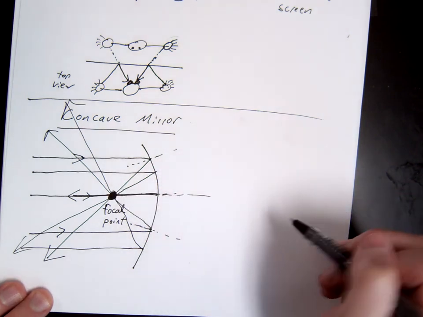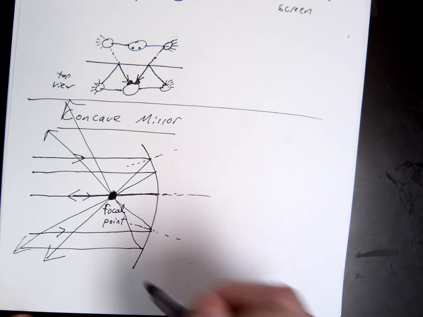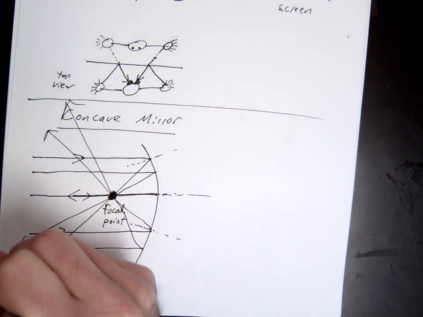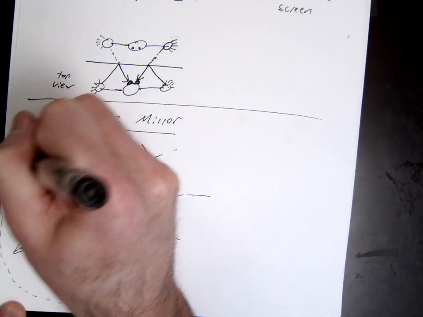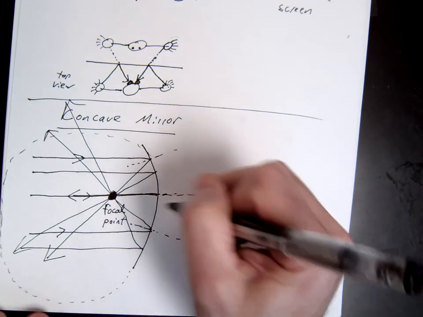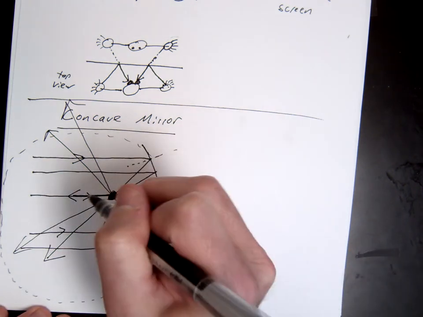Another characteristic of the concave mirror is that the mirror is just part of a circle, right? If I draw a circle here, there would be a center of that circle.